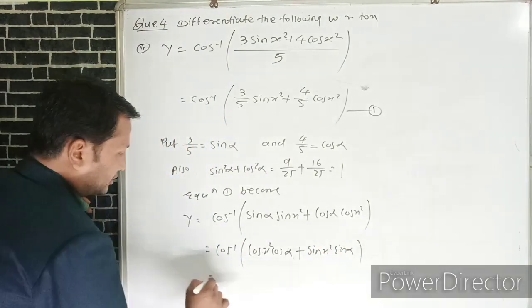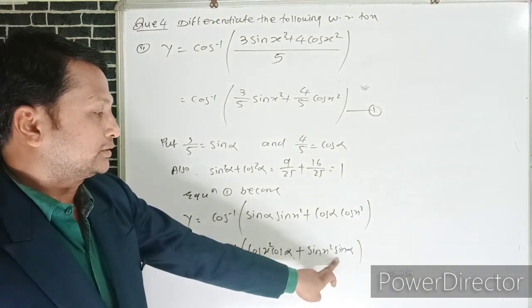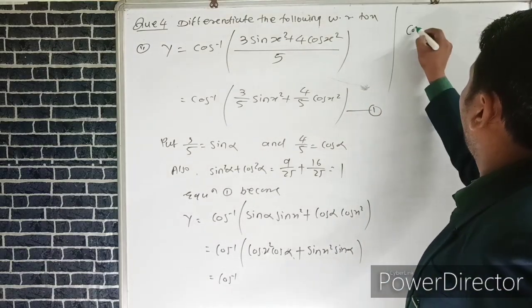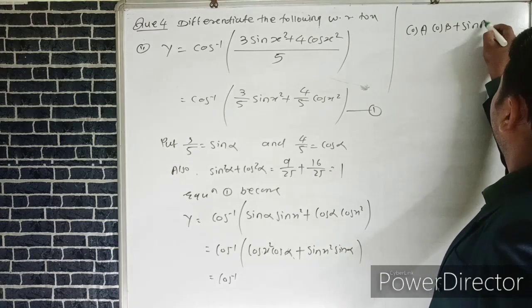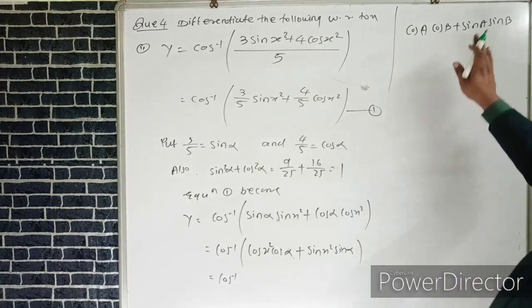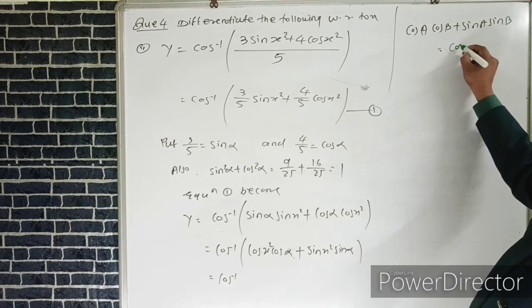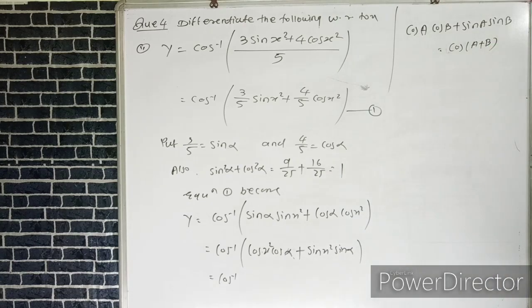After that, cos of x square cos alpha plus sin of x square into sin alpha is in the form of cos a cos b plus sin a sin b. And after that we can write this in the form of cos of a minus b, which is a required trigonometric formula.